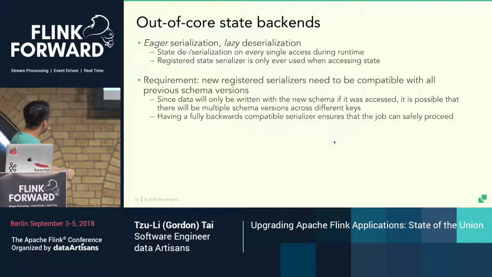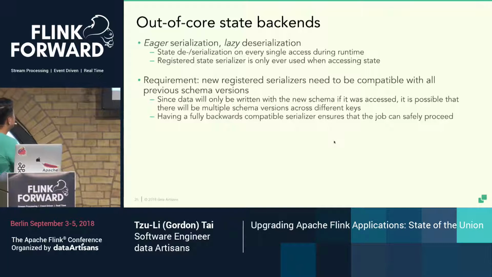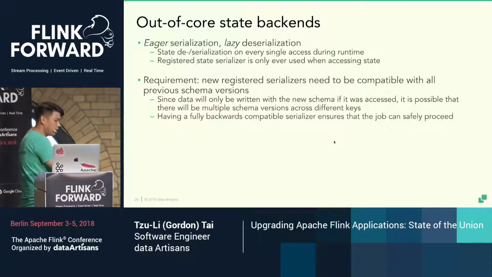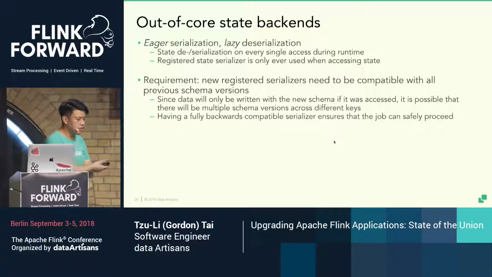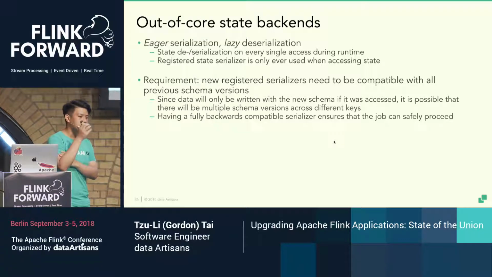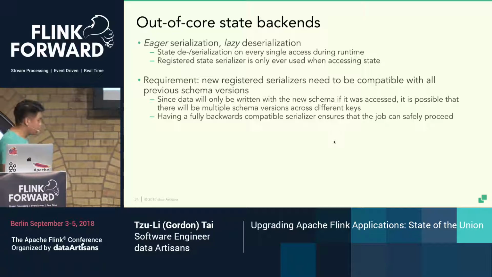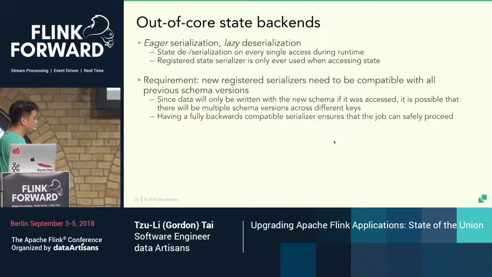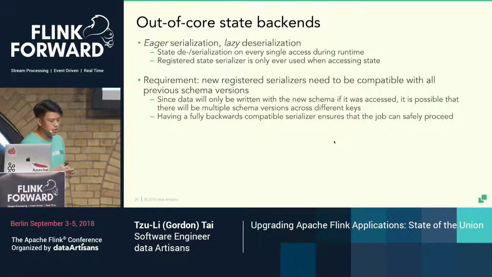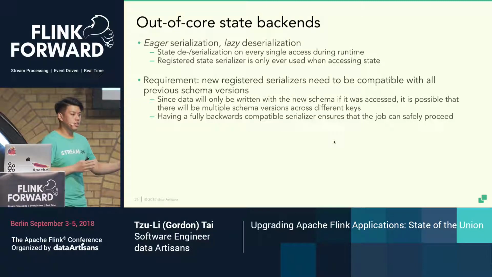So to wrap that up, eager serialization and lazy deserialization is completely opposite of heap-based backends. Eager serialization, as in state is serialized on every access, but it is not only deserialized and serialized on restore, but also on state accesses. Now, the requirement would be that the new registered serializers need to be compatible with all previous schema versions.